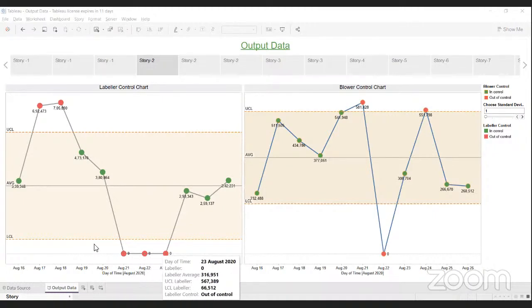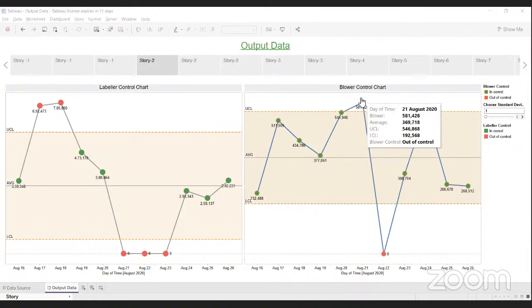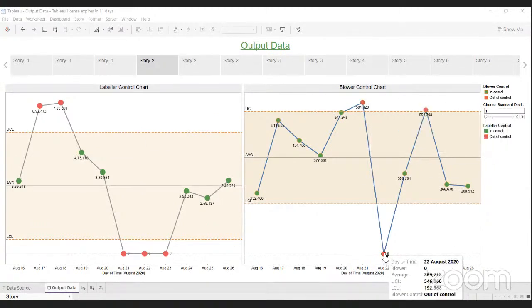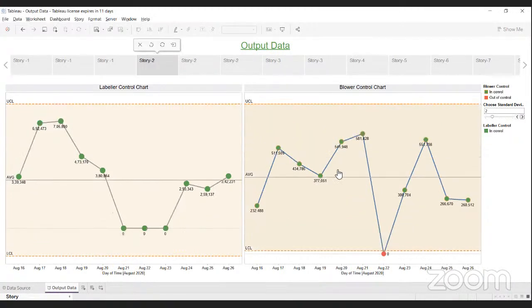If you see here, there's something which is below the lower control limit and above the upper control limit. These are the problematic areas when it comes to labeler performance. And then here again, there are places where the blower is having a bad performance. As I said, if you go back and change the sigma level, you can see the difference.